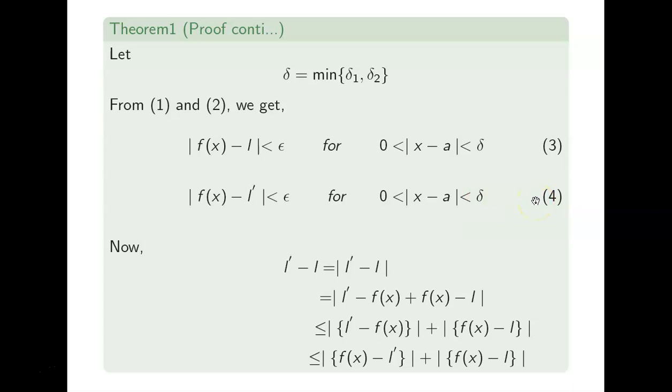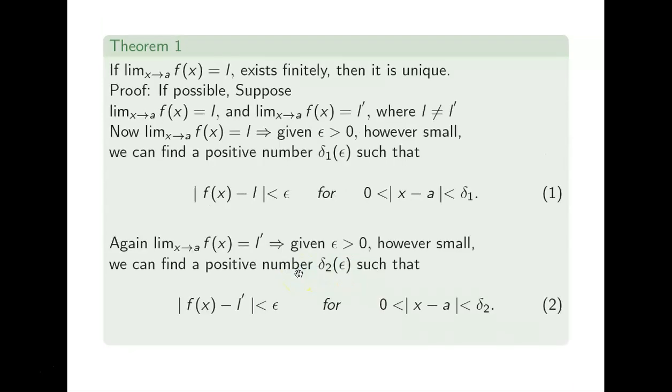Now, start with |L' - L|. L is from the very start of the theorem. If you go to the back slide, we have assumed that L is not equal to L'.